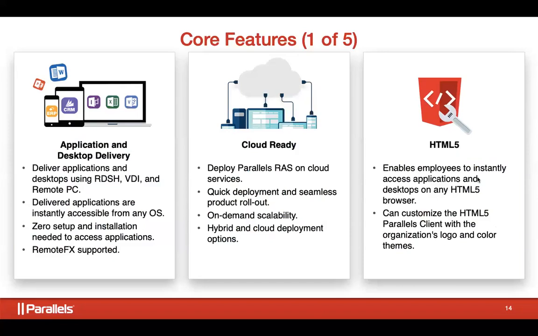Parallels RAS enables you to deliver applications instantly accessible from any operating system, as we have seen. All that can also be done with zero installation, zero client, so no need for any installation. You can run the client version of the application from any HTML5 browser.